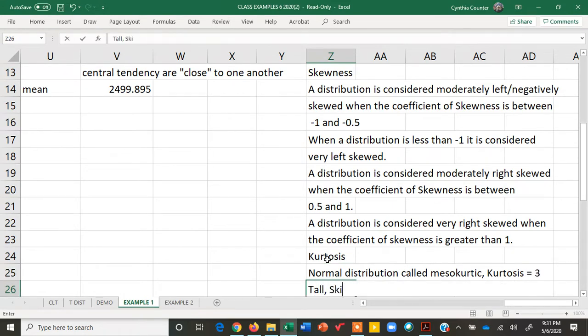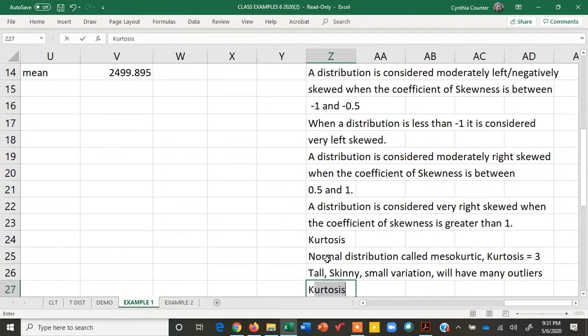Tall, skinny, so small variation, will have many outliers. Its kurtosis is greater than 3, and it's called leptokurtic.